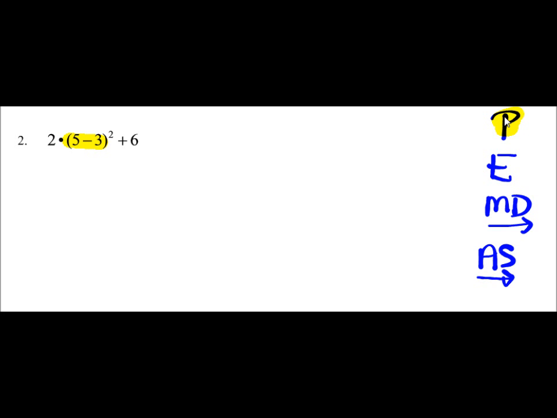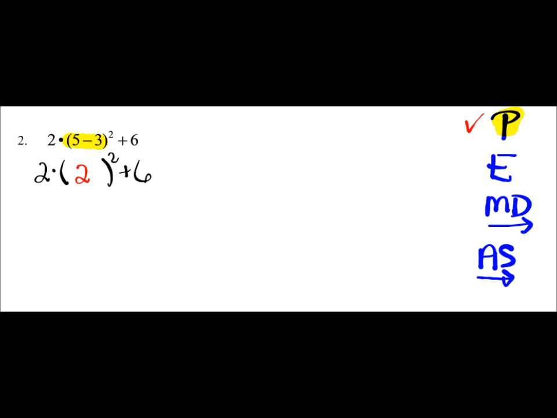So we're going to clean that up. Everything I'm not using, I'm just going to copy down, like this 2 in front of the parentheses, the squared that's up top outside of the parentheses, and the plus 6. I'm not using any of that yet. I'm really only dealing with the stuff that's in yellow. Now the 5 minus 3 happens to be 2. I've taken care of my parentheses.